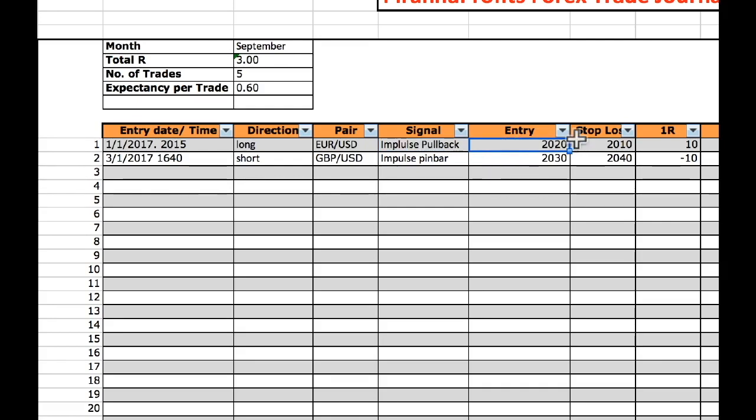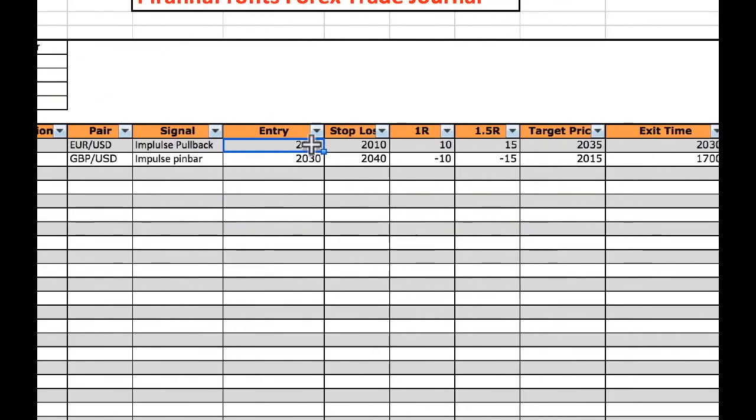Put in the entry price based on the last 4 decimal places, okay? For a non-yen pair. For a yen pair, you can just put the last 2 decimal places if you want, okay? Or you can put 4 digits. Now, when you key this in, just ensure you key it in without the decimal points, okay?